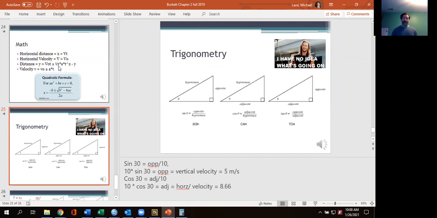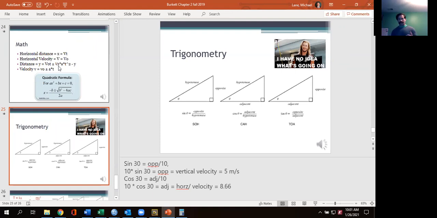So that's going to tell us that the ball would have gone a grand total of 17.32 meters. Cool. Let's figure out the vertical side of it.